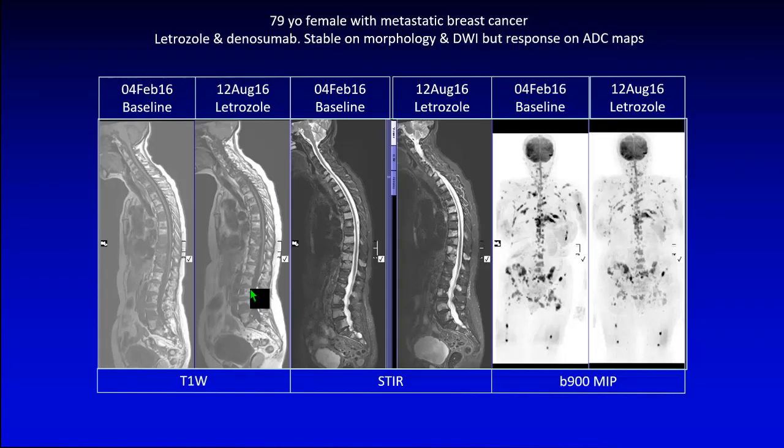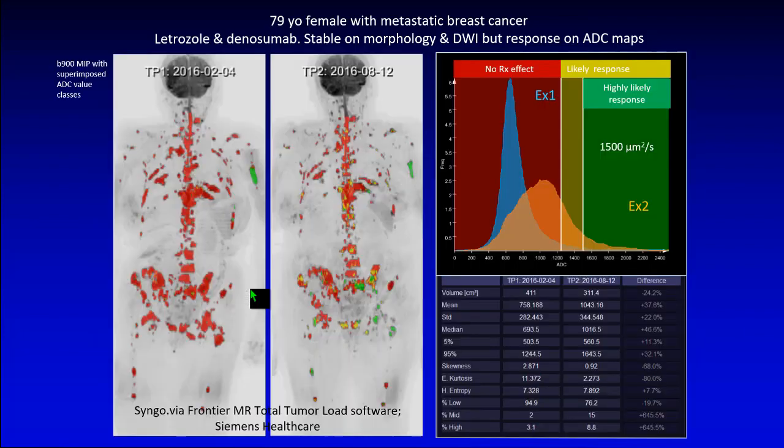So look at this particular patient. If you looked at this particular patient and you looked at the morphological imaging alone, you would say stable, right? You look at the diffusion imaging on the right, you would still say stable, okay? Which would be correct. But the patient is responding. How do I know? The patient is responding because there are areas in the body that have gone green, right?